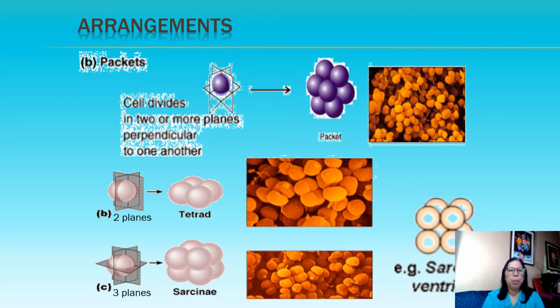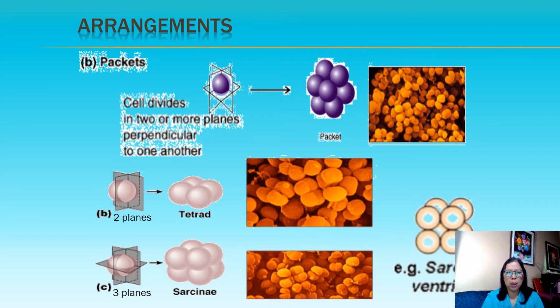And then if they come in by four, they are called the tetrads. But if you place another plane, you could see that on the upper part is another organism above the lower part. So that is called the sarcinae, or they come in by a cube, as compared with tetrads, which are only by four.